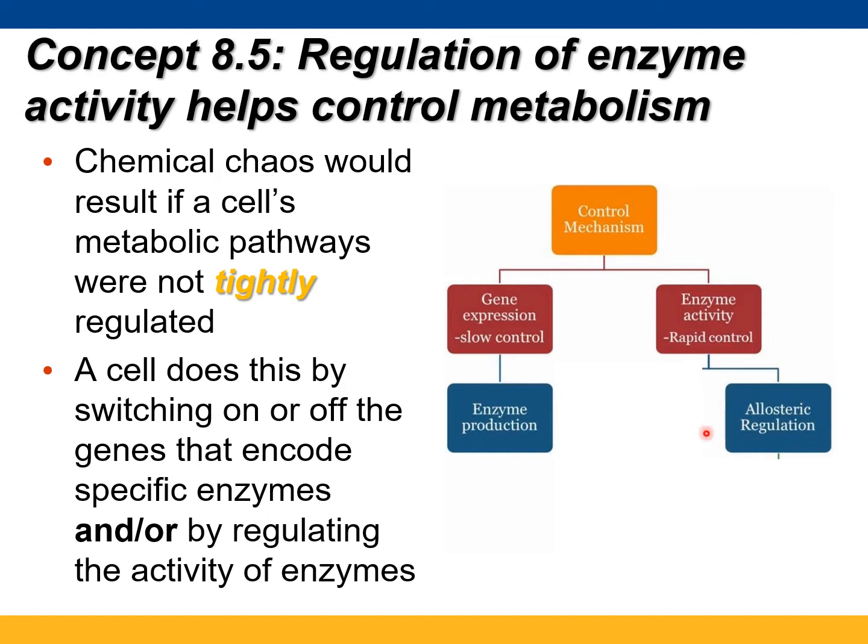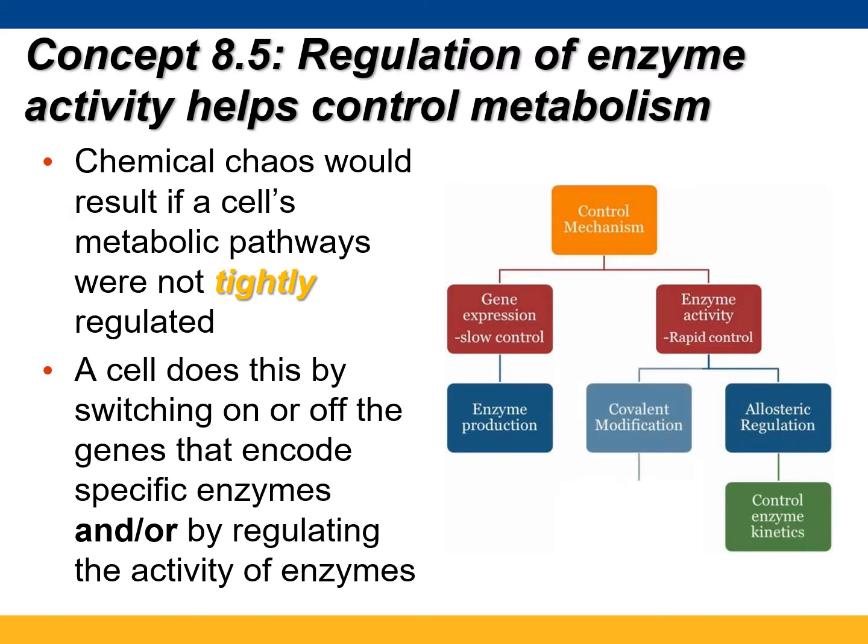So we have allosteric regulation. This is outside the active site. That can control how fast that enzyme can go. If you remember that graph with the KMs, some of these things will make the KM go higher. Some things will make the KM go down. Inhibitors will make the KM go down. Cofactors and activators will make it go up.